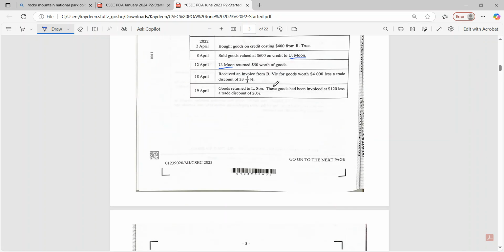18th of April, received an invoice from BVIC for goods worth $4,000 less a trade discount of 33 and 1/3%. And we know that 1/3 is also equal to 0.33.